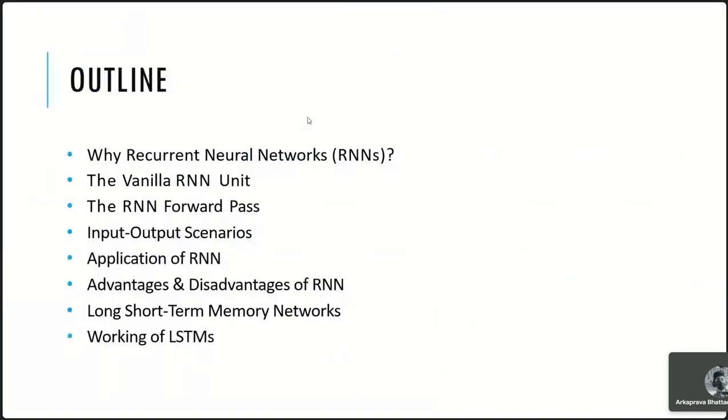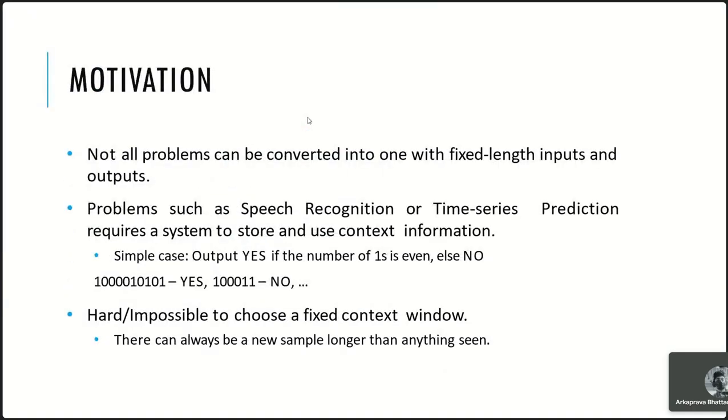Not all problems can be converted into fixed length inputs and fixed length outputs, because the input and output lengths are varying. As we proceed further in the lecture, you will understand what this point means.